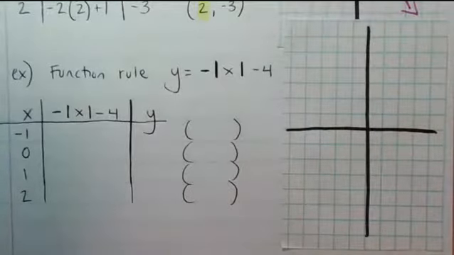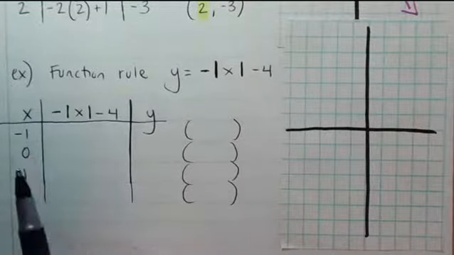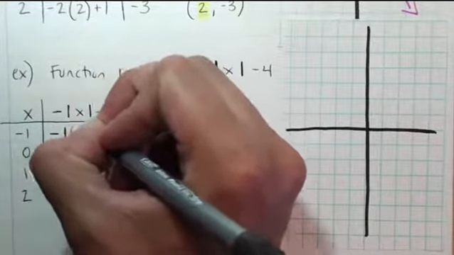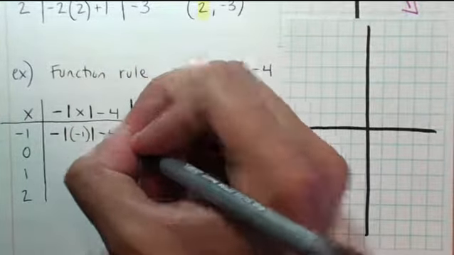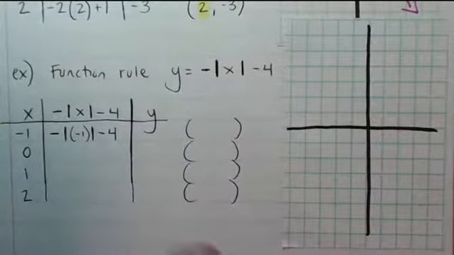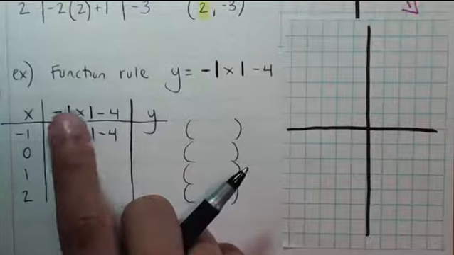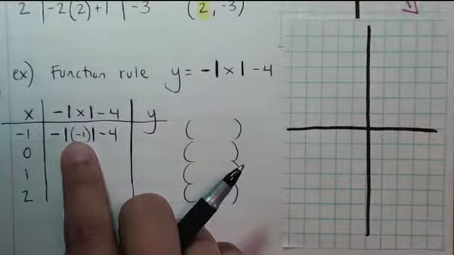Now that you've had time to work with your partner on this, let's start. So again, if the input is -1, I'm going to plug in, again with the parentheses, -1 inside of the absolute value bars. Now remember, the absolute value bars represents the distance away from 0. And it always comes out positive. Remember, we talked about jail.